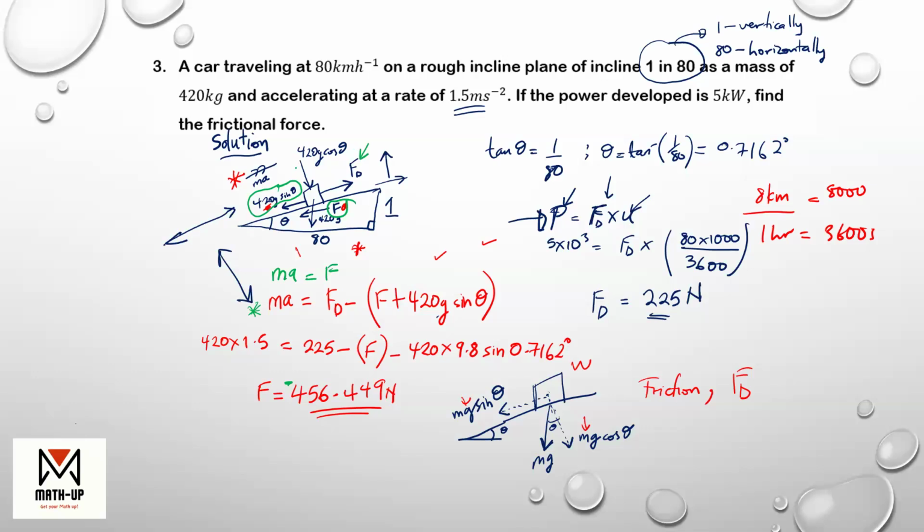We assumed upward motion, so FD is positive. MA gives the resultant force, but the resultant force can be defined as the algebraic sum of all the forces acting on the body. So F can be expressed as FD minus 420 G sine theta plus F. In other words, FD minus all the forces acting downwards has to give you MA. That is how I developed that expression.